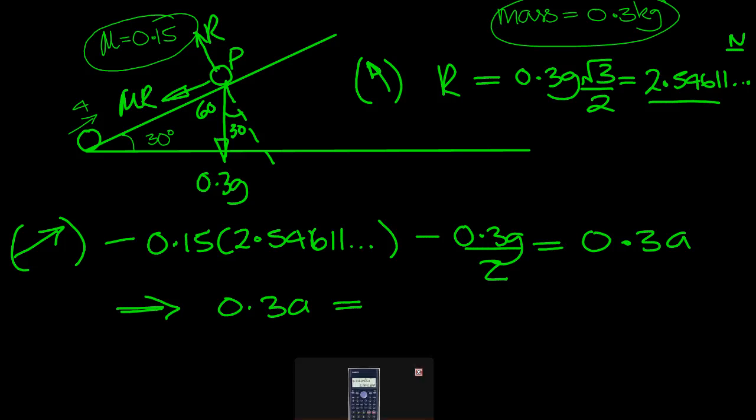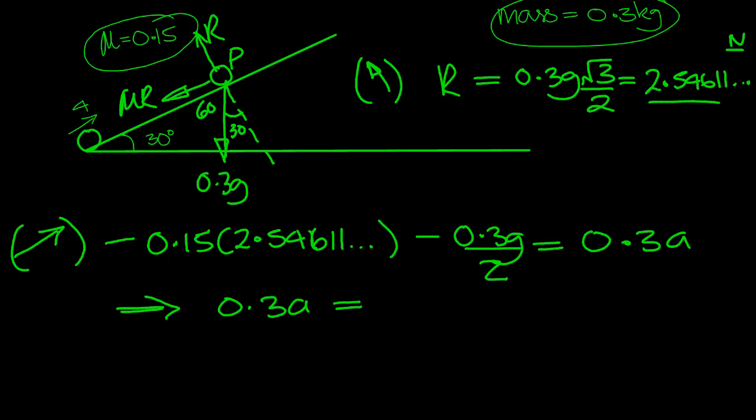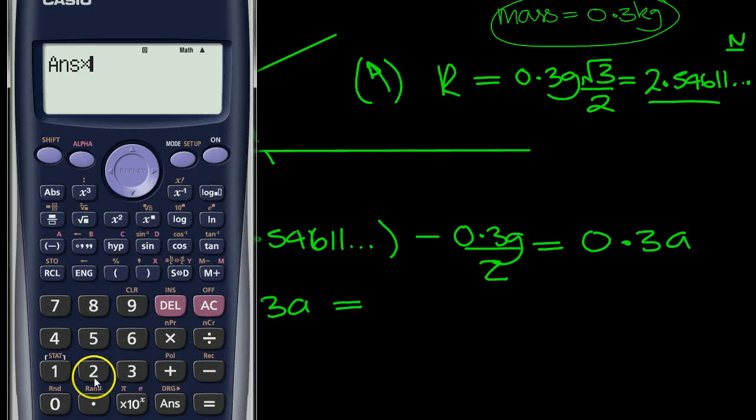So let's tap that in the calculator. So we got that number, we times that by minus 0.15, just bear in mind it's negative, and then we've got another negative here, so let's add this, plus 0.3 times g divided by 2. Don't forget that whole thing is negative. 1.85, and divide that by 0.3. 6.17.